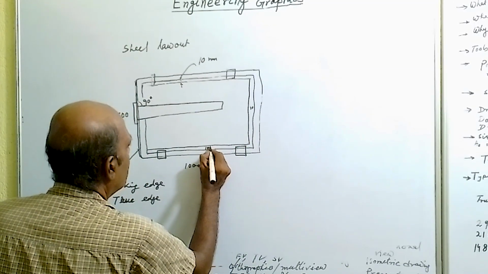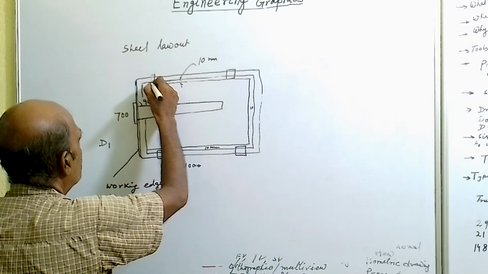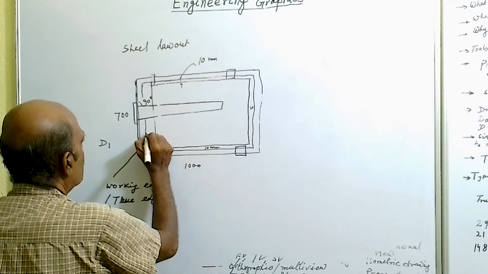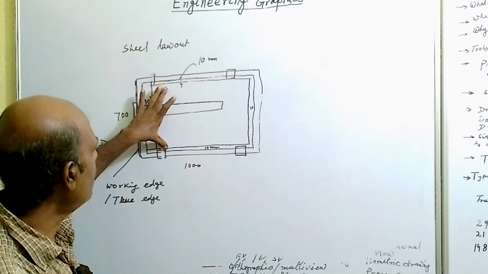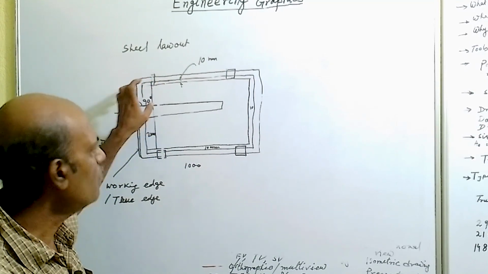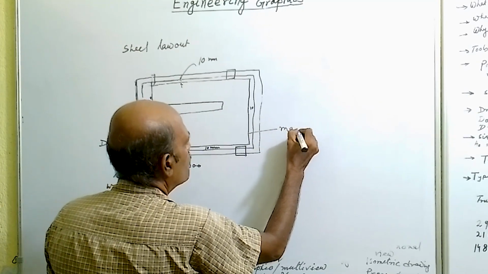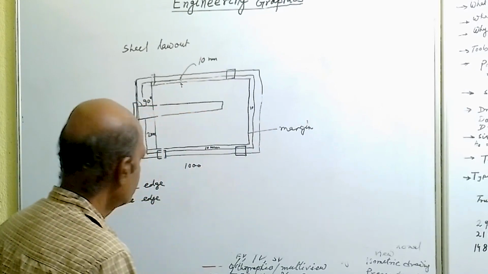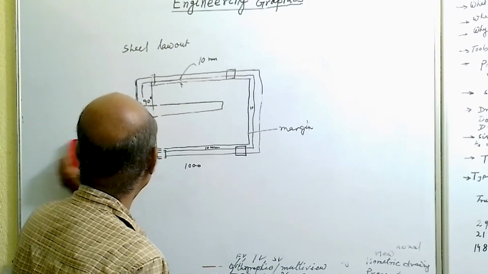This side we leave 20 millimeter. So after layout, we will draw this, which is called the margin. So first draw the margin. Now after drawing the margin, we will see in the next drawing.